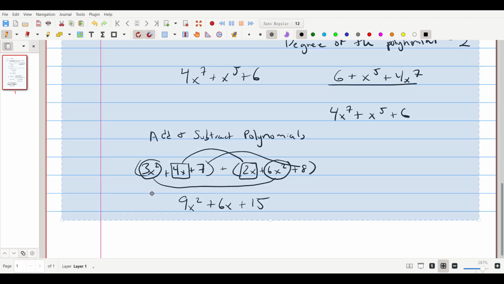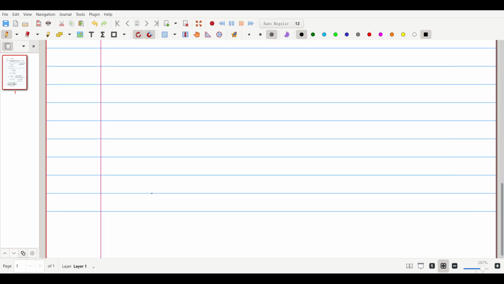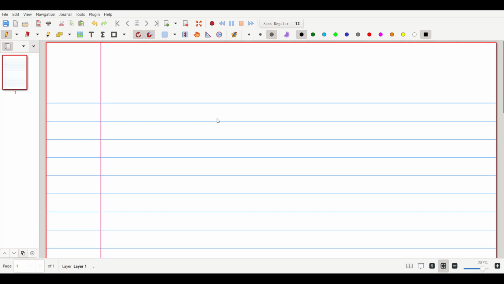Okay? And so we will just do multiplying polynomials, and then we'll cut the video there to keep it short. So multiplying polynomials. If we just have what we call monomials, which means just one term, 4 times 3x for instance, how do we multiply this?